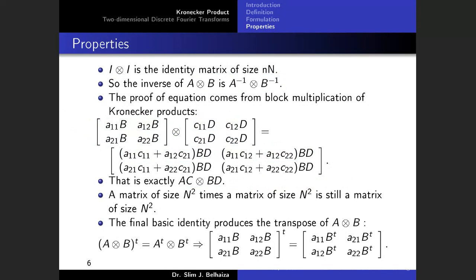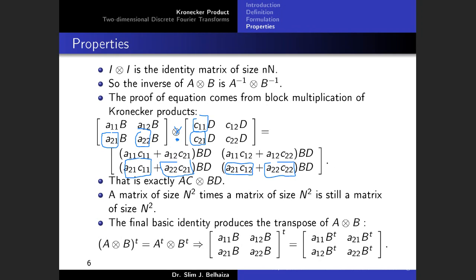I have A21 by C11 and A22 by C21, and BD is a common factor. And the last item would be A21 by C12 plus A22 by C22, and BD is again a common factor.